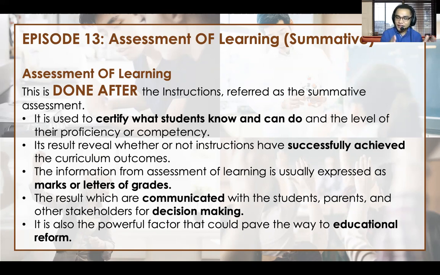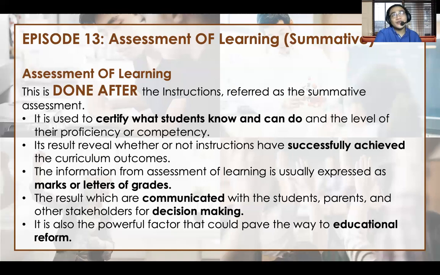Okay, if your intended outcomes are successfully achieved at the end of the assessment, that would mean, of course, your effectivity as a teacher. But just like what I've mentioned a while ago, we don't make difficult activities to intimidate students, but we also don't make very, very easy summative assessments just to prove that our teaching is effective.